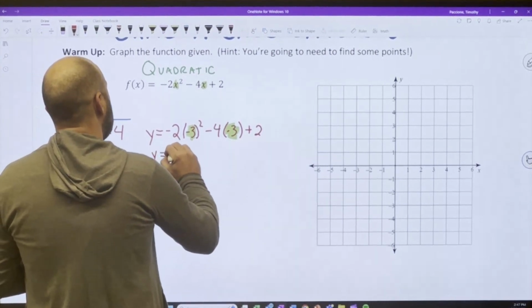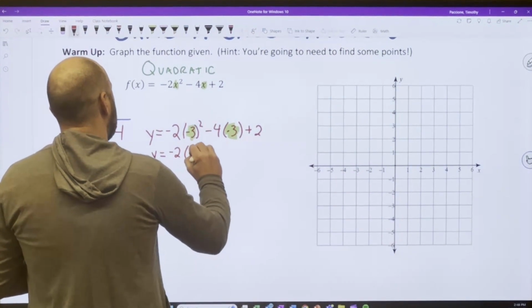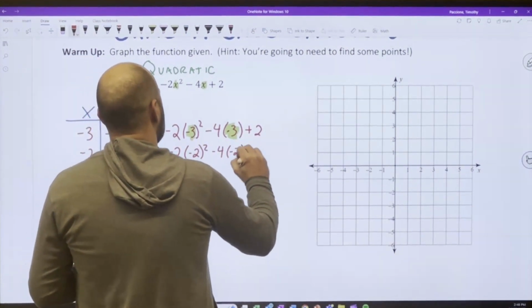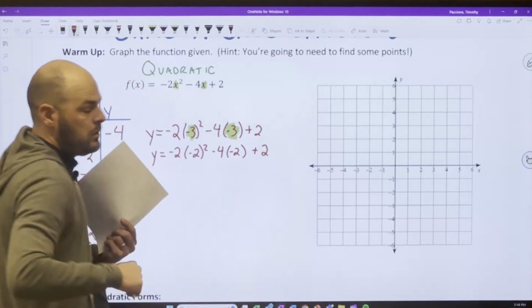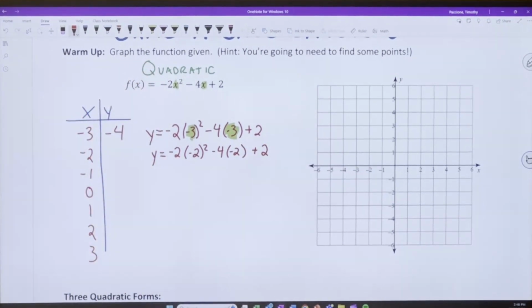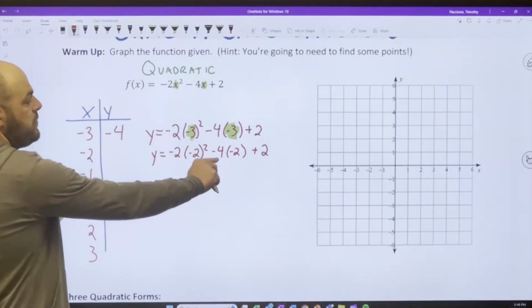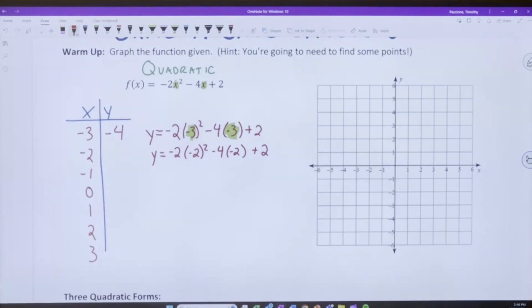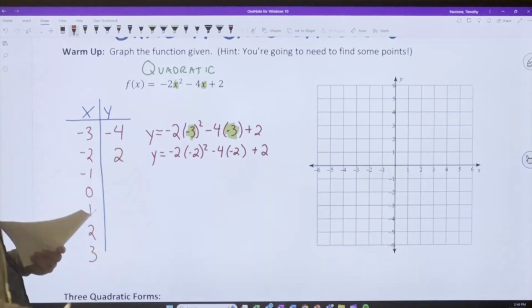So y equals -2 times -2 squared minus 4 times -2 plus 2. Put it in your calculator exactly like that, with the parentheses, squared, and -4 times parentheses -2, and then you won't get the wrong answer. If you press enter there, you would get 2.